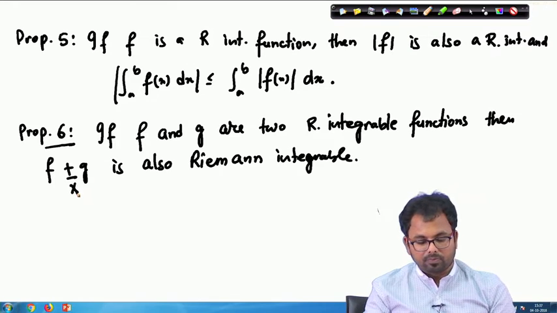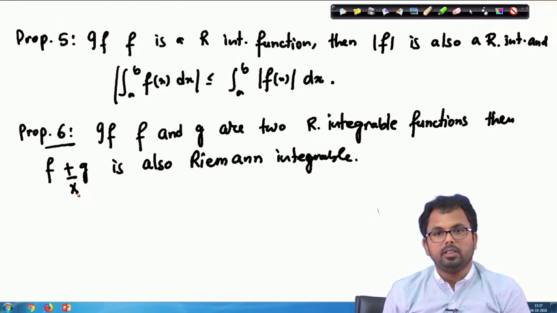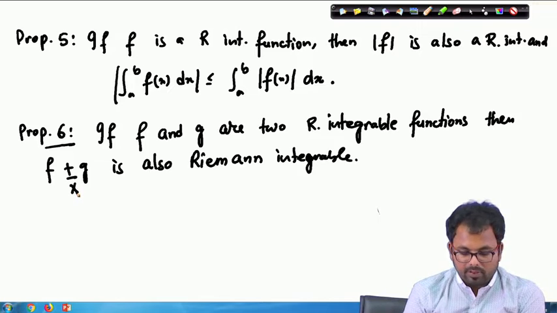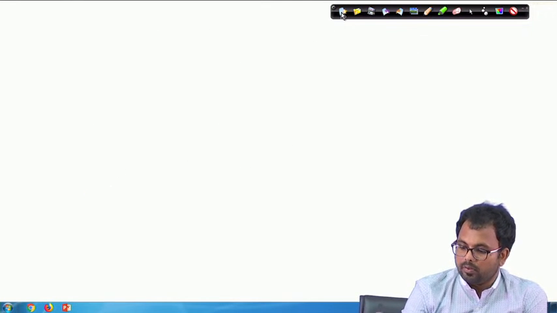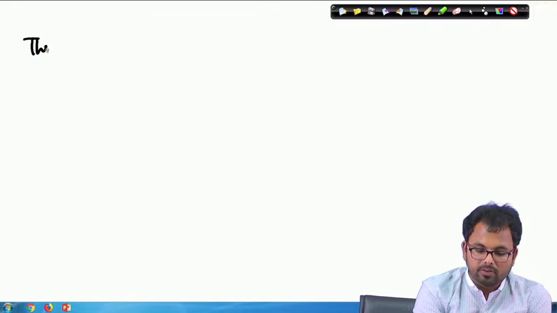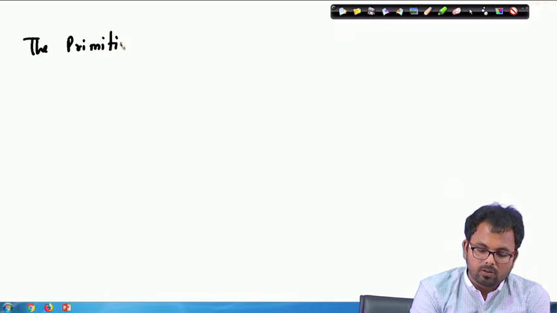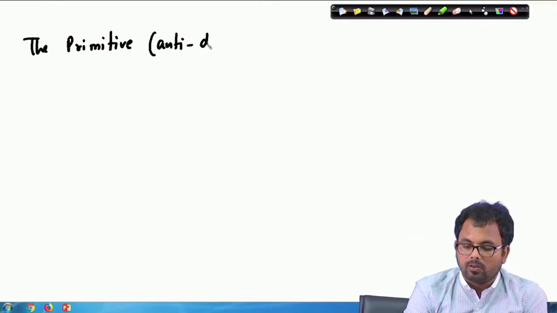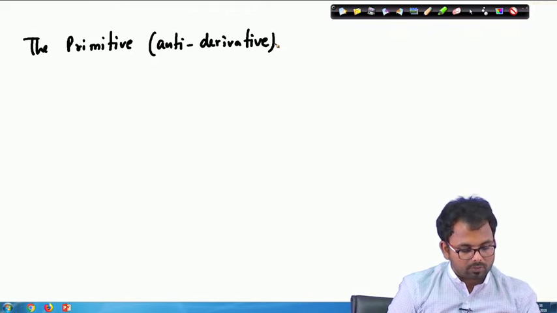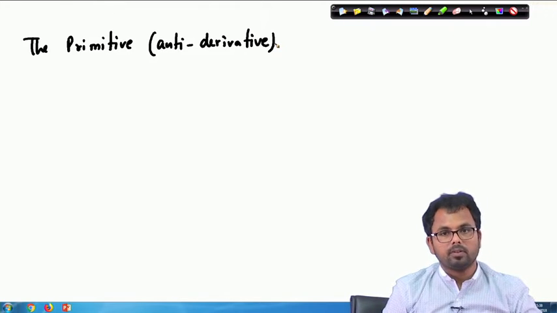Next, in Riemann integrable functions, we have something called the primitive. We sometimes also call it the antiderivative.